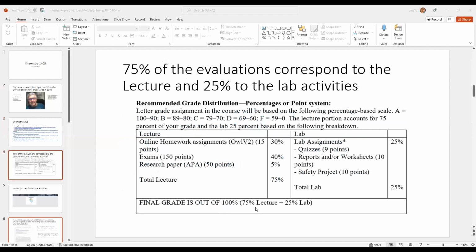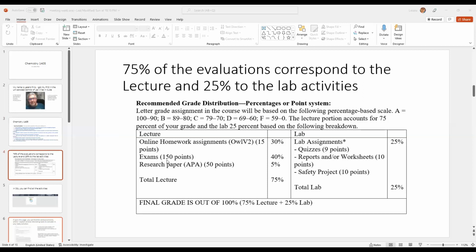As you can see, 75% of this class corresponds to the lecture and 25% to the lab. Every week you're going to have a homework in OWLv2 that is 15 points. This homework is not only 15 points, it's like the preparation for the exams.